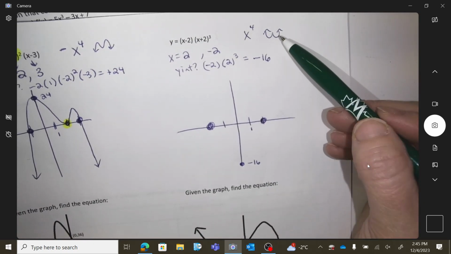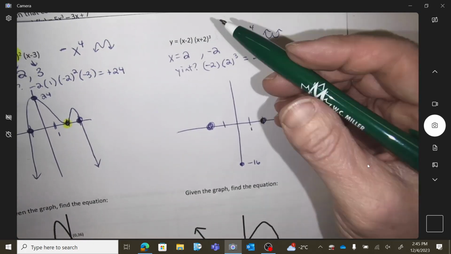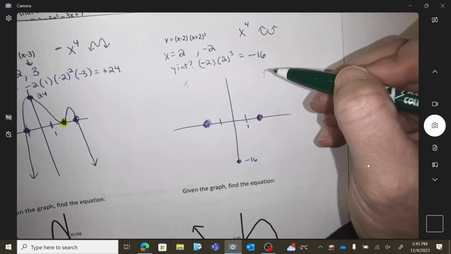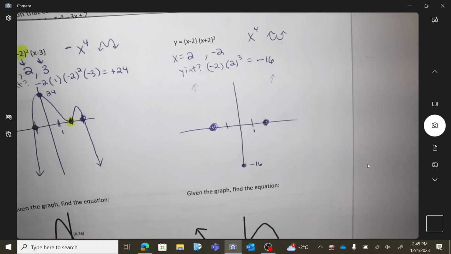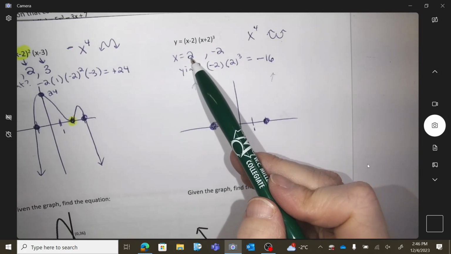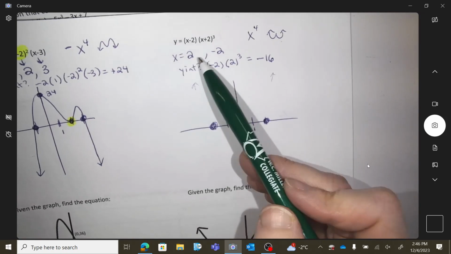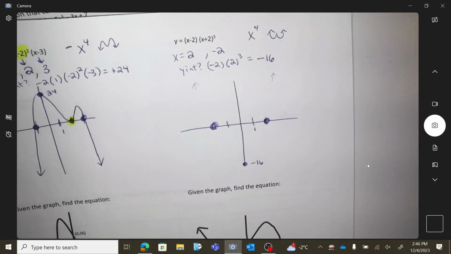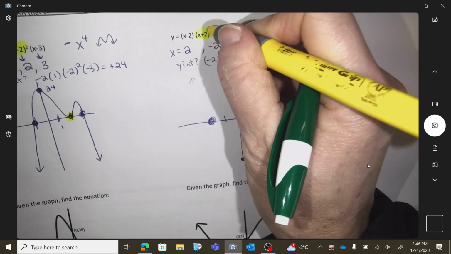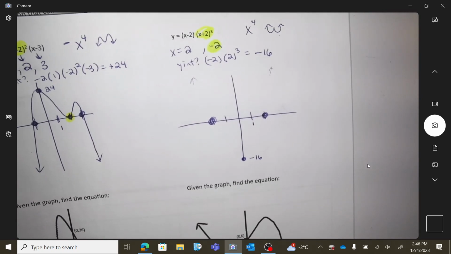Okay, so don't forget, your arrows have to end up going up, right? Your arrow pattern at the end, that's kind of a reminder to yourself. Your arrows need to do that. Okay, can you tell me what's happening at 2? Just gonna go through. What's happening at -2? It needs to flatten.